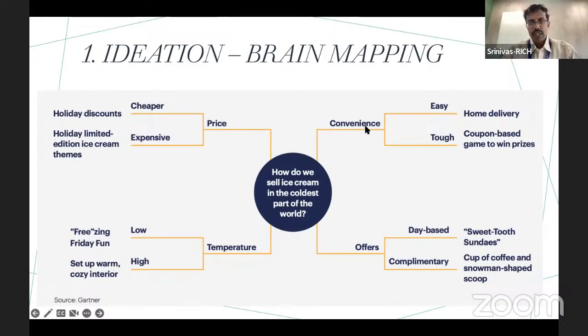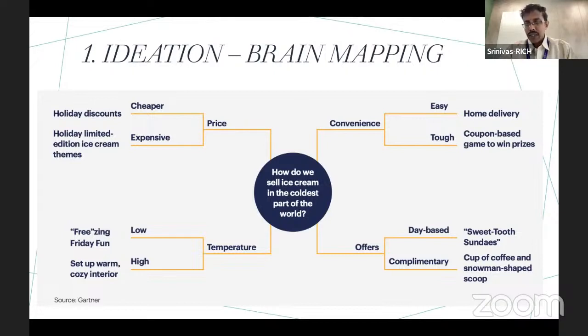approaches to this. Convenience playing on whether consumers might want ice creams home delivered, consumers might want ice creams at the parlor, ice cream parlor, or there could be some other coupon-based prices and other things that you advertise. And then offers, right?